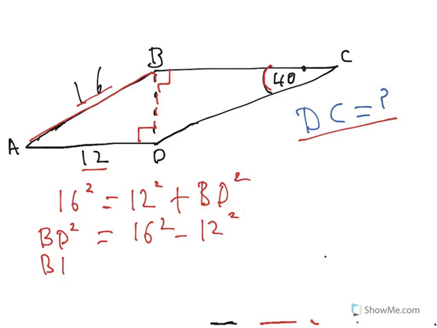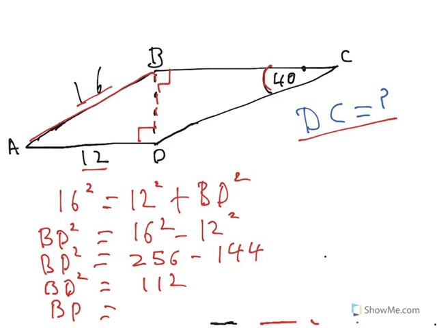So BD squared, that will actually be 256 minus 144. So BD squared is actually equal to 112. So BD on its own is going to be the square root of 112, which equals 10.58. So we've proved that this side here is 10.58.